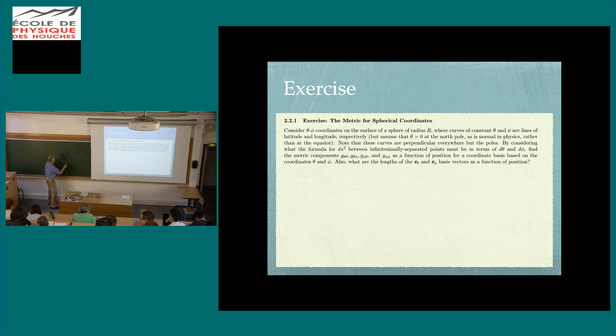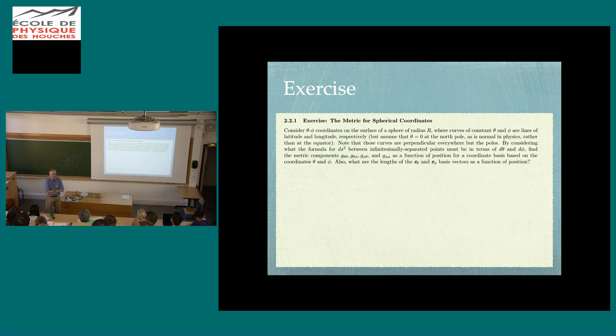If what I want to do is find the length of this tiny displacement on the surface of the globe, and if I can treat this little area as if it were a flat space, because my displacement is so small, then all I have to do is find out what this length is and what this length is and take the sum of the squares of those lengths.